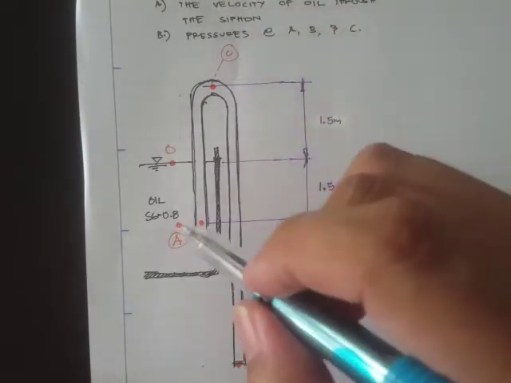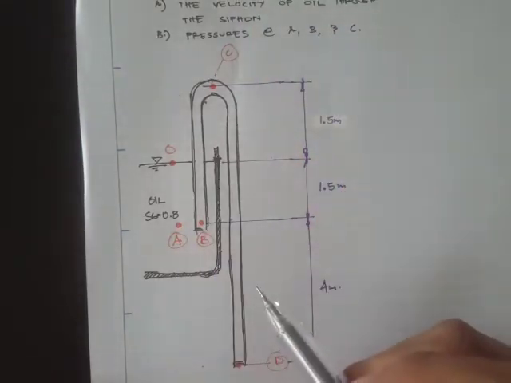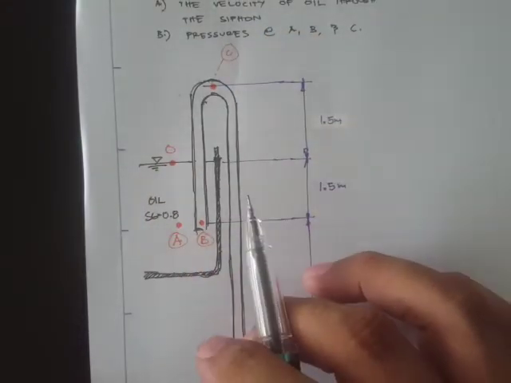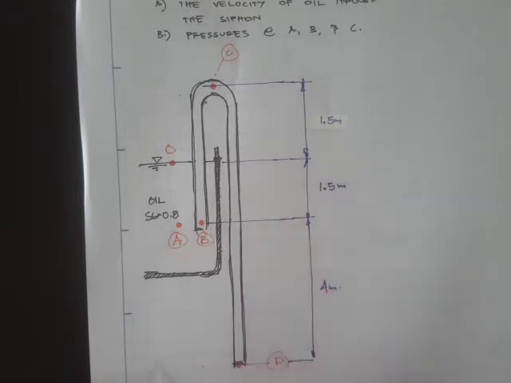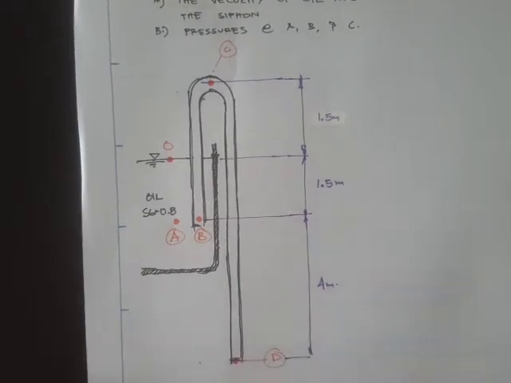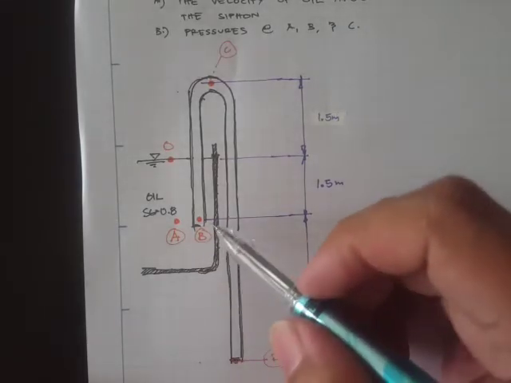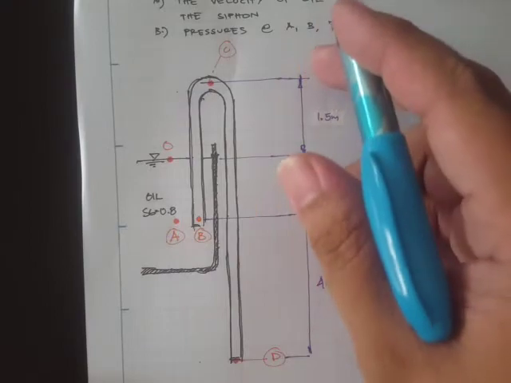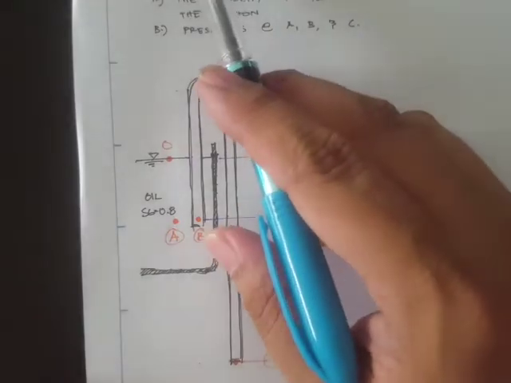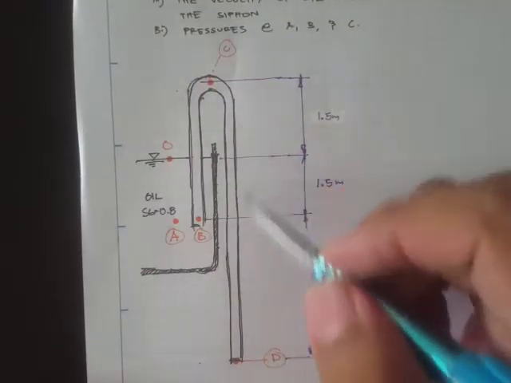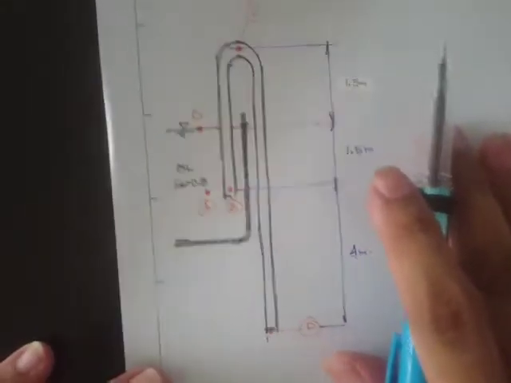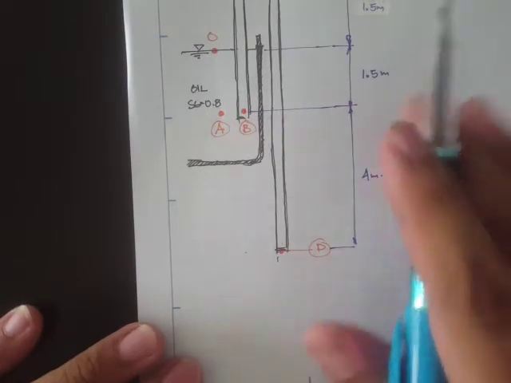It is used to drain, because this point, the entry point, has higher pressure than this one, so there's going to be a flow of the fluid. It says here that it is used to drain. Now calculate the following.